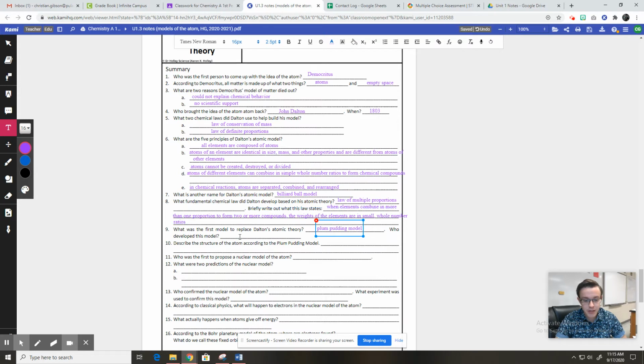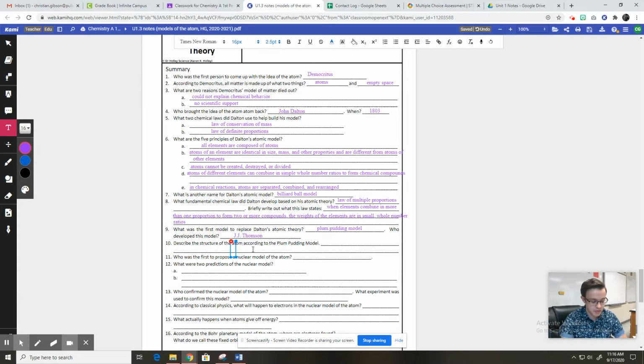So the first one to replace that was the plum pudding model, again developed by J.J. Thomson, because he discovered the electron. So if you remember what the plum pudding model looked like, it's down here.